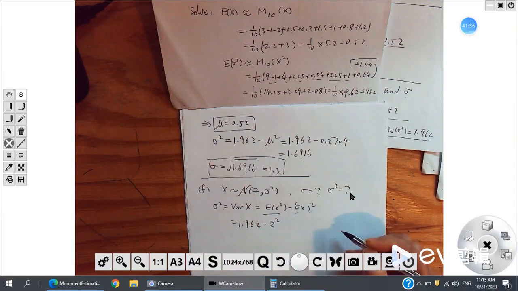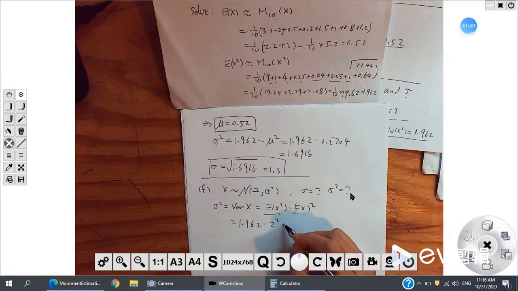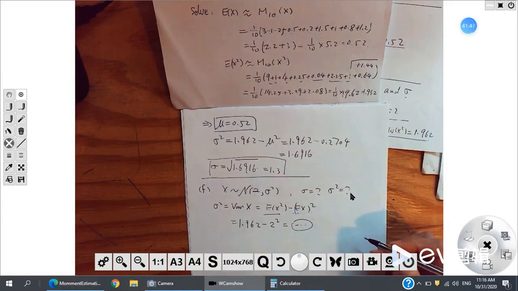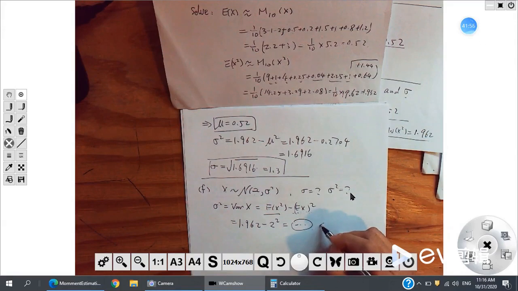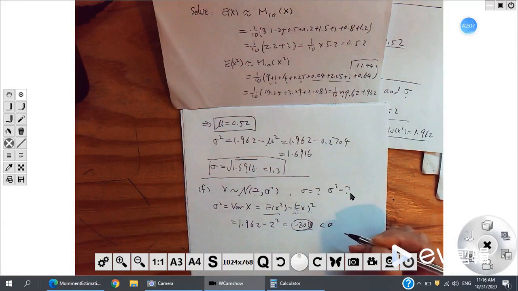But here you will see the problem: you get some negative value, smaller than 0, minus 4 plus 1.962, so it is negative. Okay, this is a problem. Actually, the sample is not good. It's not good.